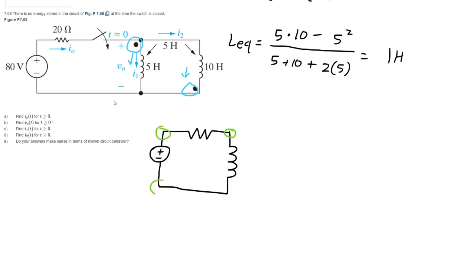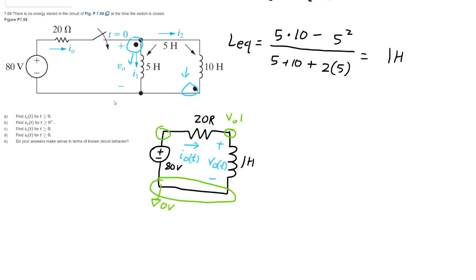So v_o is still going to be the voltage drop across the equivalent inductor, and nothing has changed there. And i_o(t) is still the current going through the resistor: 20 ohm, 1 henry, 80 volts. Okay, I'm going to call this ground.